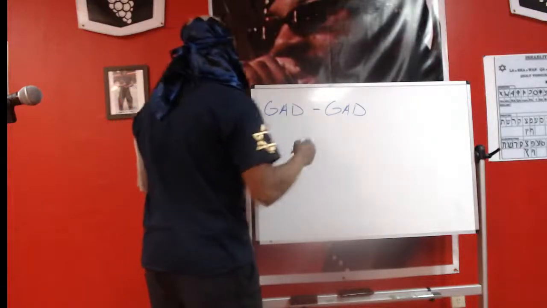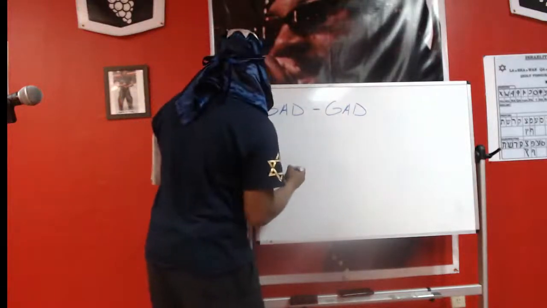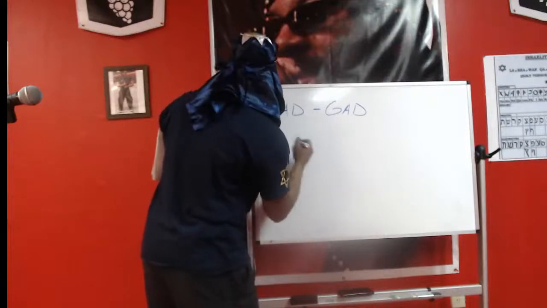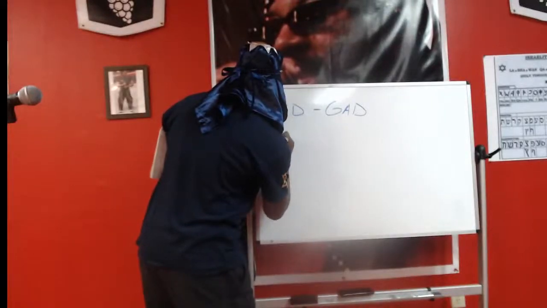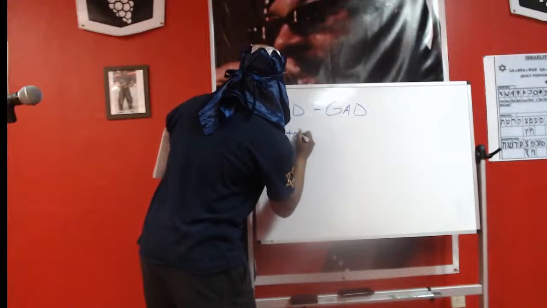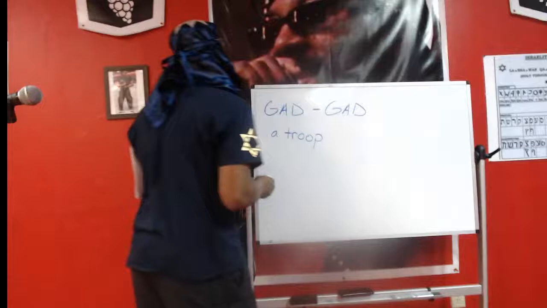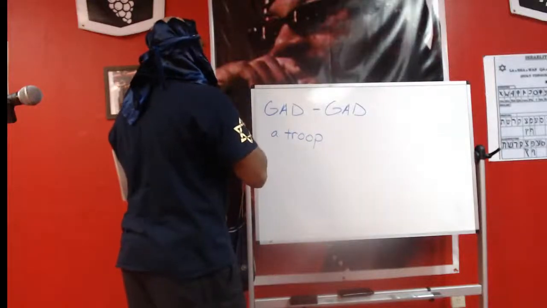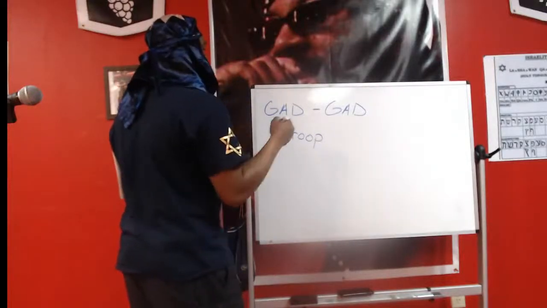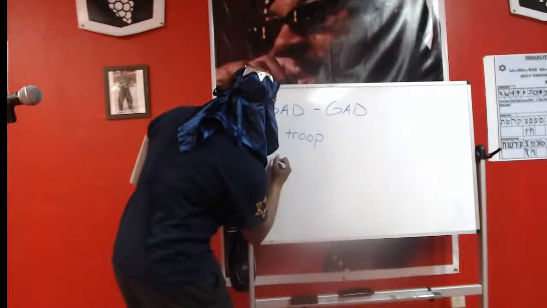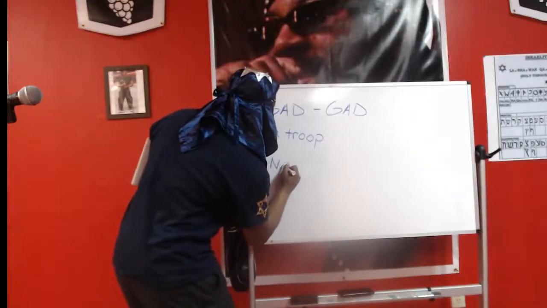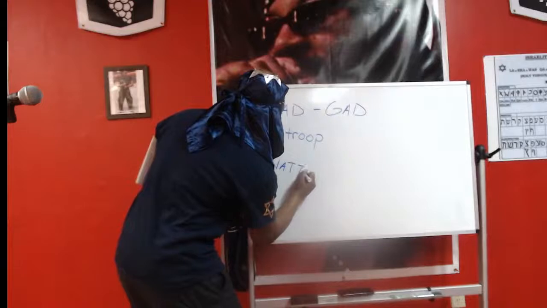All right. In the meantime, Gad means a troop. A troop. Alright? And they are the so-called Native American Indians.